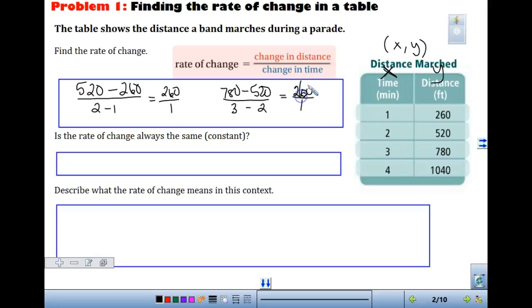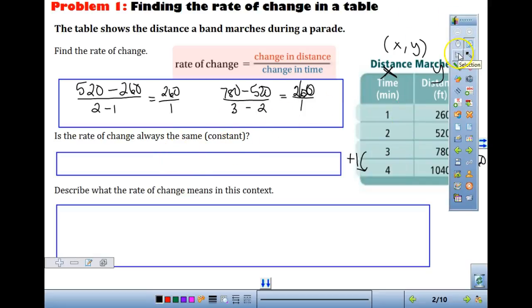Is that the same rate of change as we go from 780 to 1040? Yes, because here we are adding 1, and this is another addition of 260. So it says, is the rate of change constant as we are looking at this?